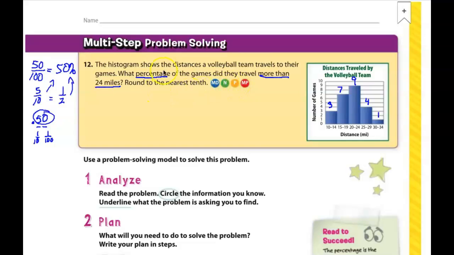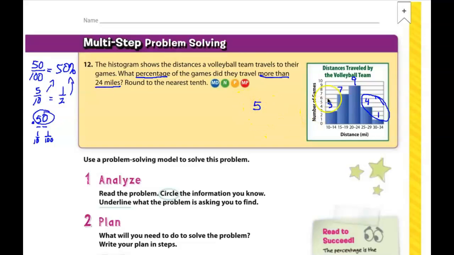So the first thing we need to recognize is, how many games were more than 24 miles away? That involves the last two of these bars. So what is 4 plus 1? Go ahead and answer that question for me, please. Very good. That answer is 5. Now, in order for it to be a percent, we have to know what the total is.